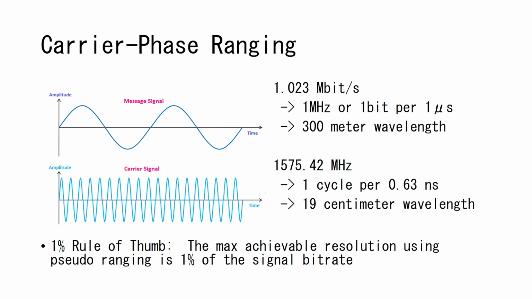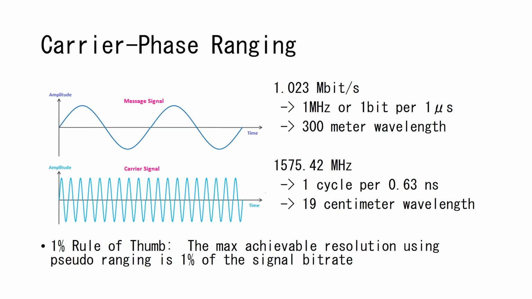Well, there's a rule of thumb estimation we call the 1% rule of thumb, and it says that for any type of pseudo-ranging process, the max achievable resolution is 1% of the signal's wavelength. So for our normal L1 coarse acquisition rate of 1 megahertz, that gives us that 300 meter wavelength, and 1% would mean the most precise we could get with that signal alone would be 3 meters resolution, which is about right for an autonomous GPS signal.